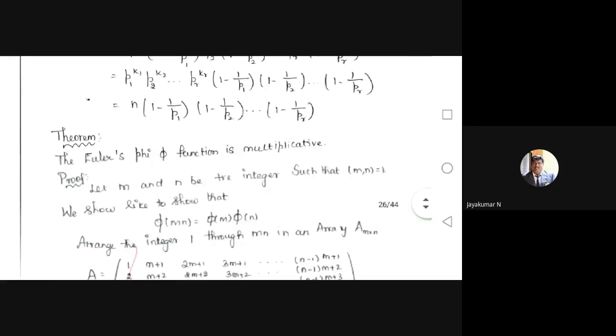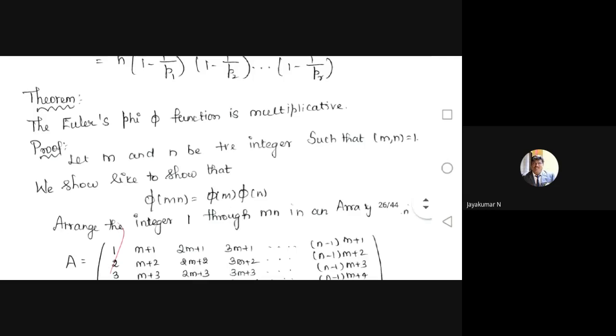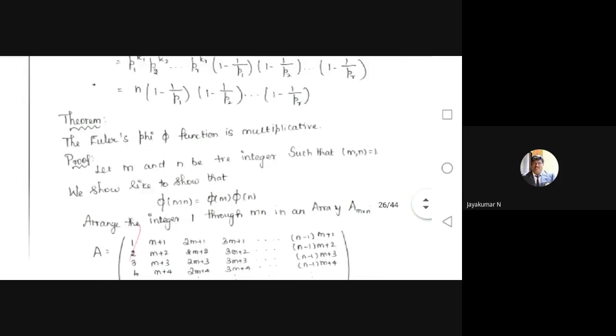For proving this theorem, we consider two integers m and n. Let m and n be positive integers, and at the same time the GCD of m and n is 1. Since the greatest common divisor of m and n is 1, we are going to prove that phi of mn is equal to phi of m into phi of n.